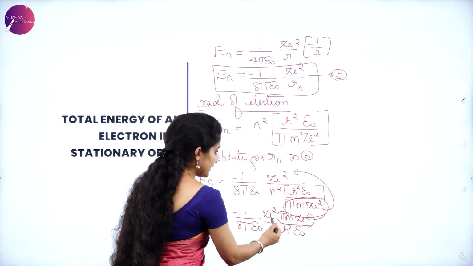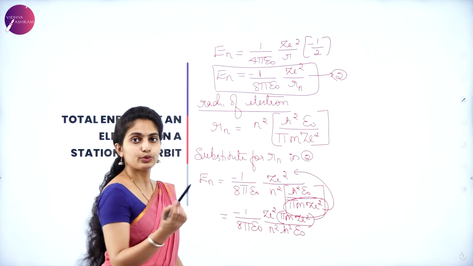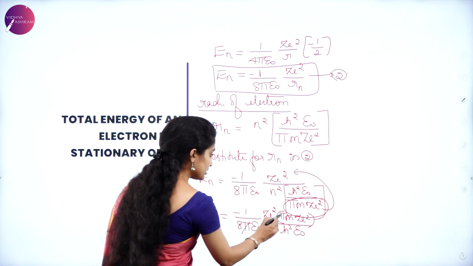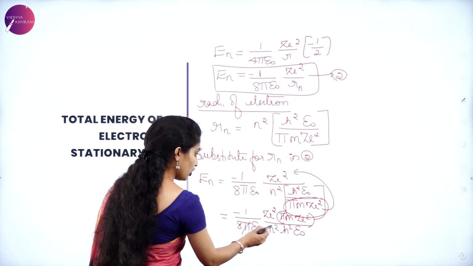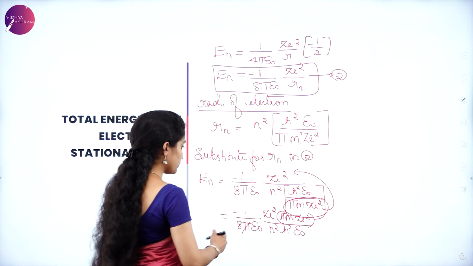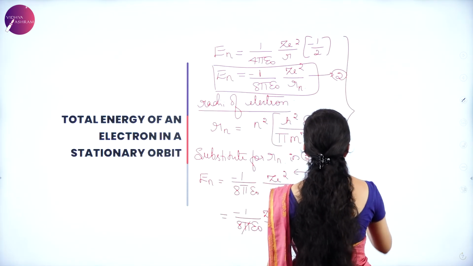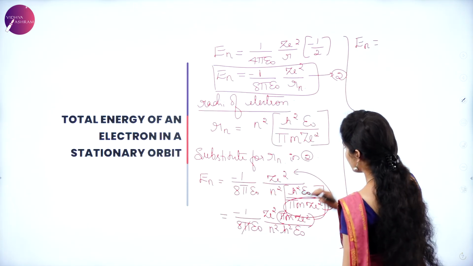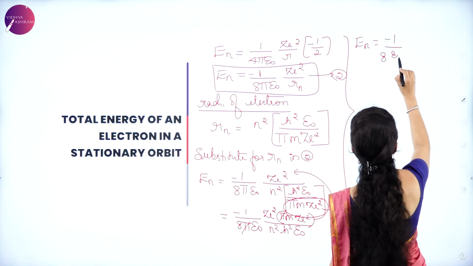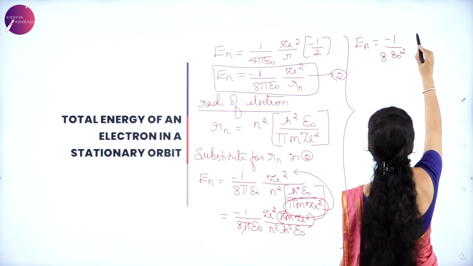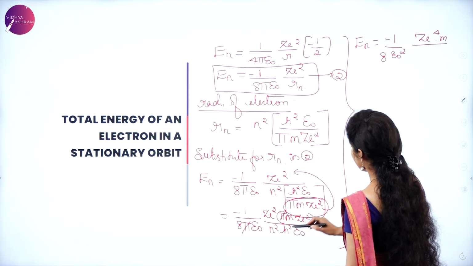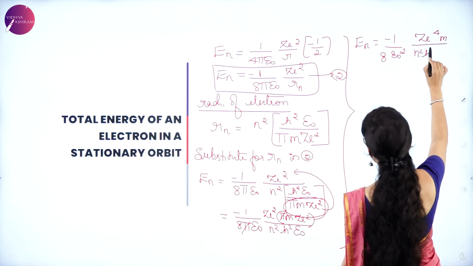So z e square and z e square fuse and it becomes z square e to the power of 4. Pi cancels with pi, and epsilon naught and epsilon naught become epsilon naught square. So you are left with En, the total energy, which is minus 1 by 8 epsilon naught square, z square e to the power of 4 into m divided by n square h square.